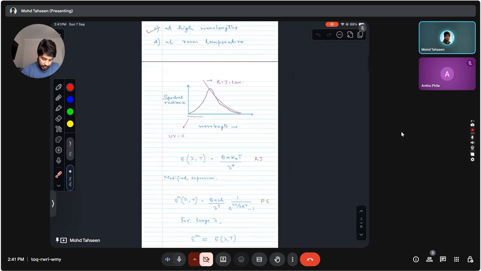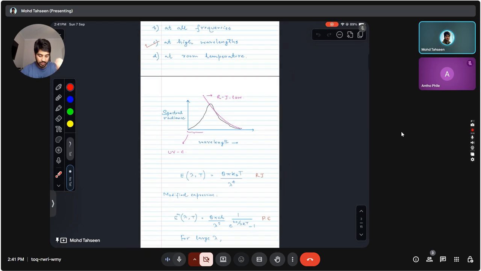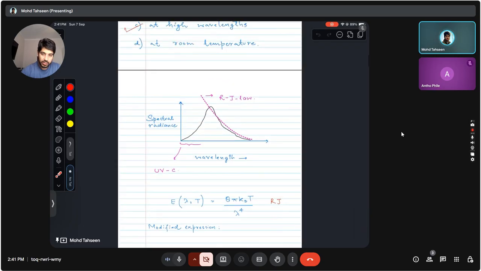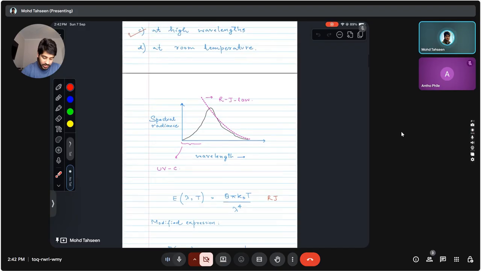And then these are the problem set that we did last time, and I'm just briefly recollecting the main points here. This is the first experiment which leads to the failure of classical mechanics in explaining natural phenomena. This is what we call the black body radiation, the plot shown here.